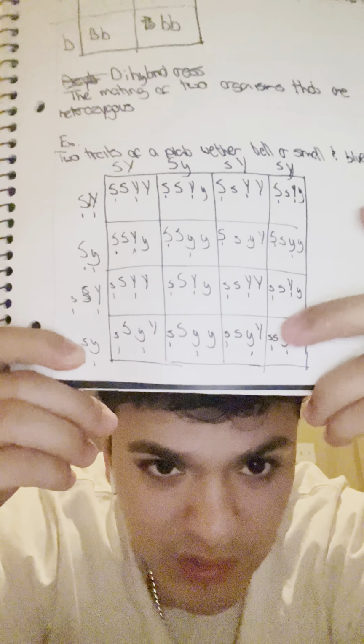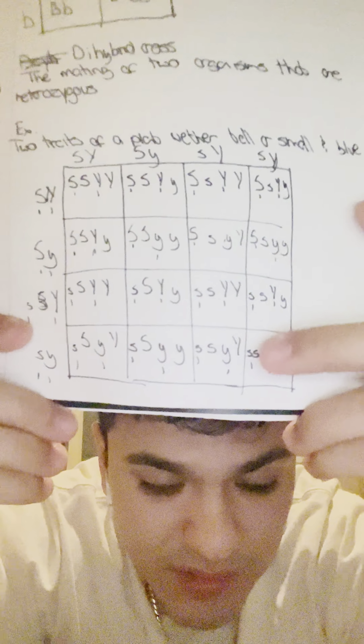So as we can see on right here, since both of our traits of blonde and blue come together, that means that the kid is gonna have blue eyes and blonde hair. I'm getting confused, I'm sorry.